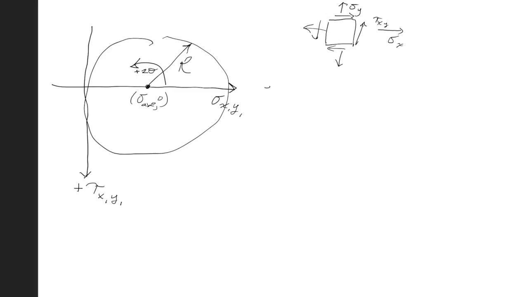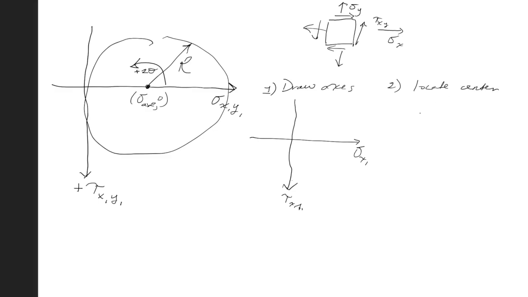So step 1 is you draw axes. We're going to draw our axes, tau x1y1, sigma x1. Then we're going to locate the center. Step 2 is locate the center. And that's going to be at sigma average, 0. So maybe it's right here.